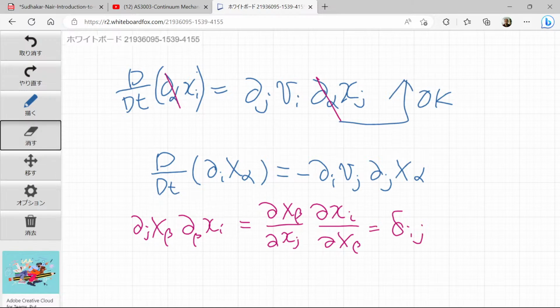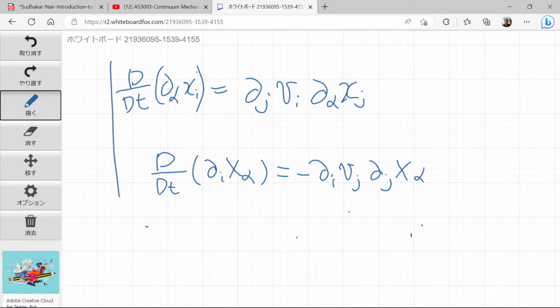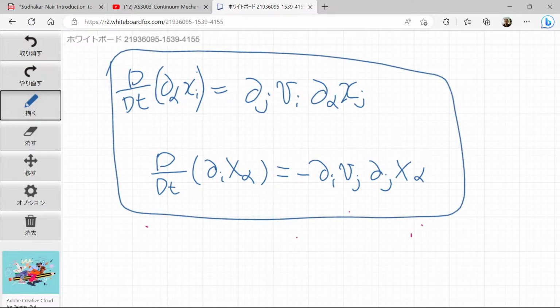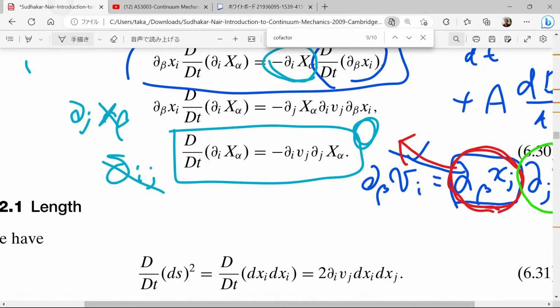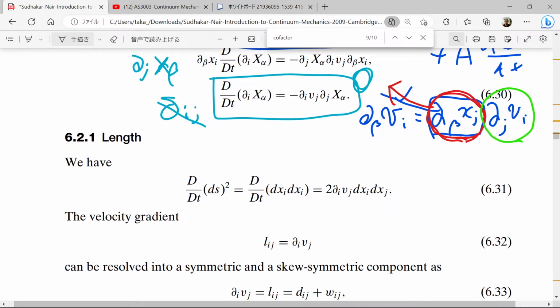I think this is the thing. We don't have to change partial to j. So this is what we got finally as a conclusion. So now we go to the next length.